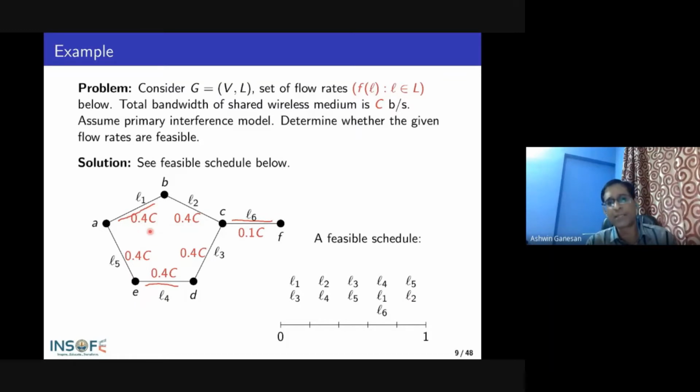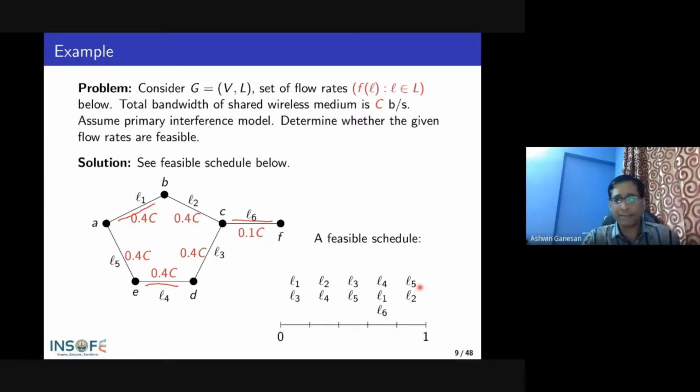And therefore, the demand that link L1 had, that it wanted to achieve a data rate of 0.4c bits per second, was satisfied. And you can verify that the schedule satisfies the demands of all the 6 links. So the answer to the question, are these flow rates feasible, is yes, they are feasible. In fact, here's a schedule which achieves those data rates, which satisfies those demands.